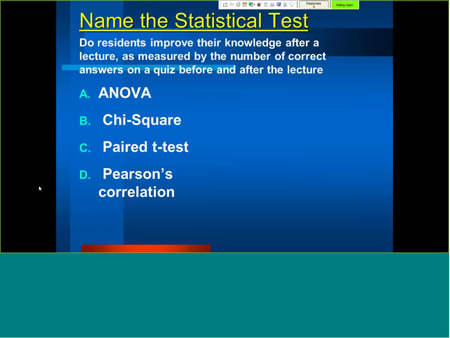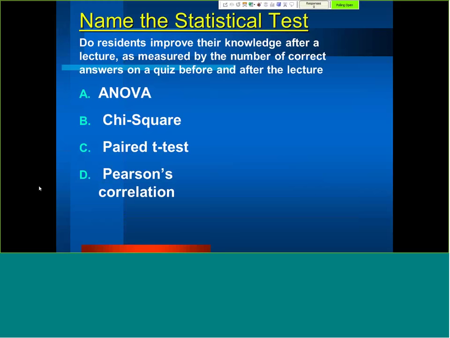All right, so let's test your knowledge here. We're going to play a little game called Name the Statistical Test. I'm hoping that you picked up on what I was trying to put out there. So the question is, do residents improve their knowledge after a lecture as measured by the number of correct answers on a quiz before and after the lecture?